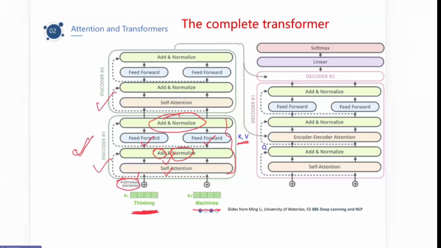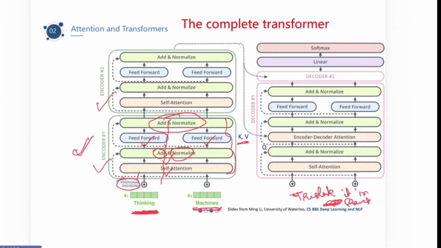So let us take an example. Suppose you have given this sentence, and now you are going to ask something from this sentence. From this side, you are saying, hey, translate it into maybe French or German, maybe French. So what will happen? This thinking machine will process it here.